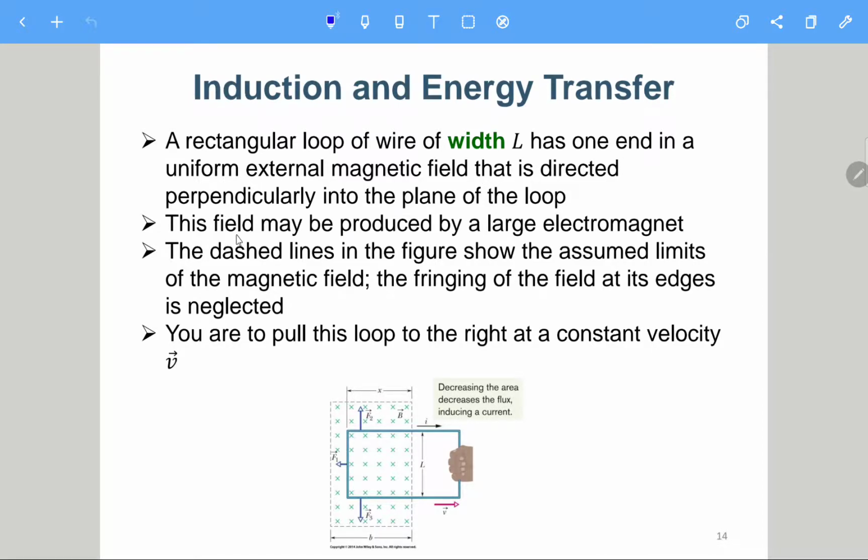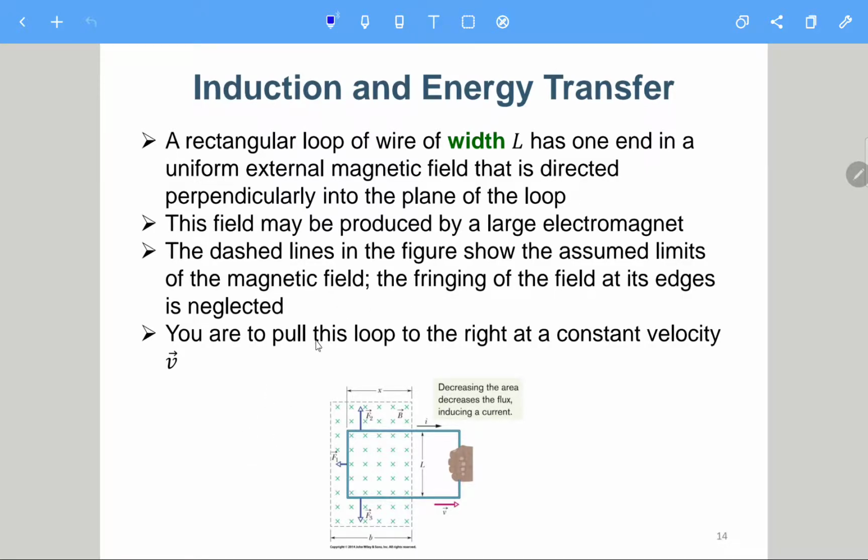This field is maybe produced by a large electromagnet outside, not shown here. The dashed line in the figure shows the assumed limits of the magnetic field, and the fringe of the field at this edge is neglected. So we only assume there is a uniform B field inside this area and no B field outside.